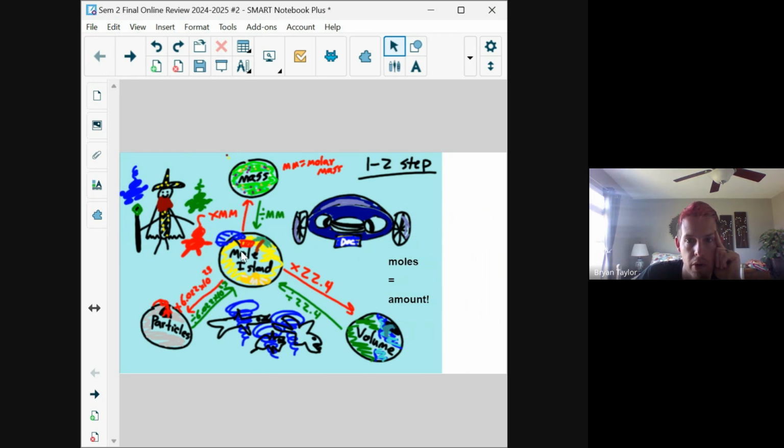So the way we move around, whatever I give you, if I give you some particle number, if I give you a volume because it's a gas, if I give you the mass of a given substance, a gas, a solid, a liquid, you're able to manipulate that and move around this table.